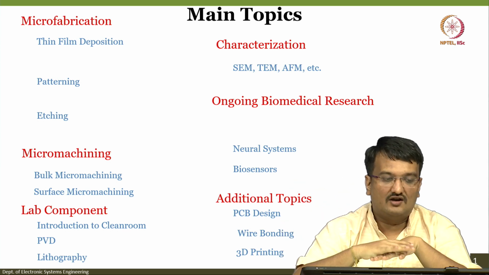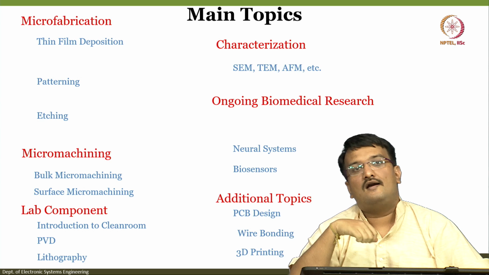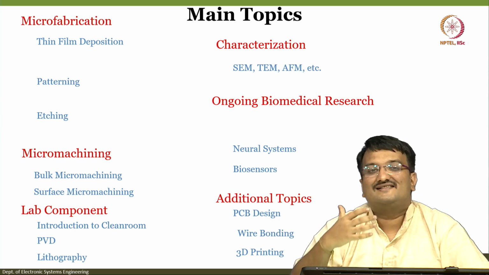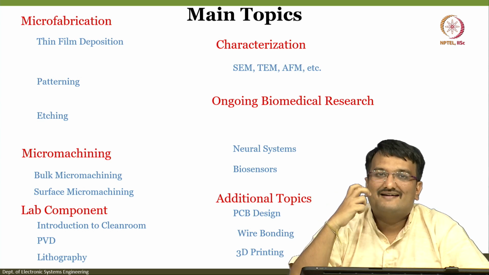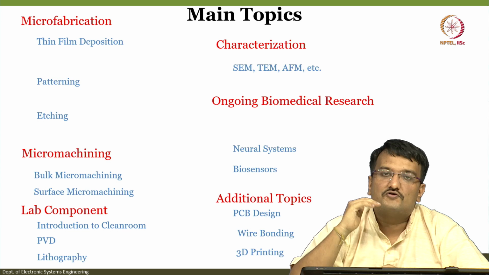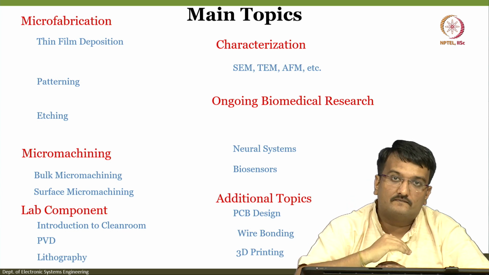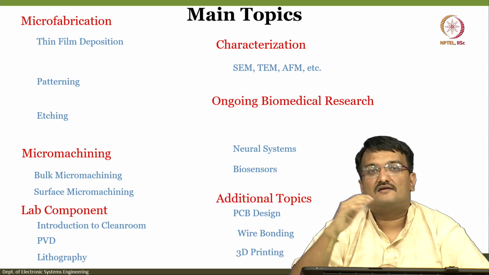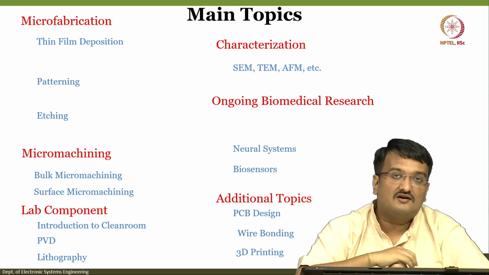Okay, and ultimately there is one more process, etching, where you want to selectively etch out a particular portion on your wafer. There are also different types of etching.